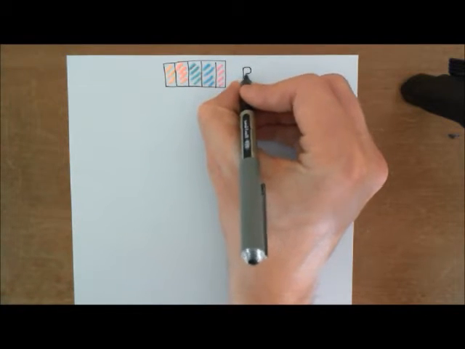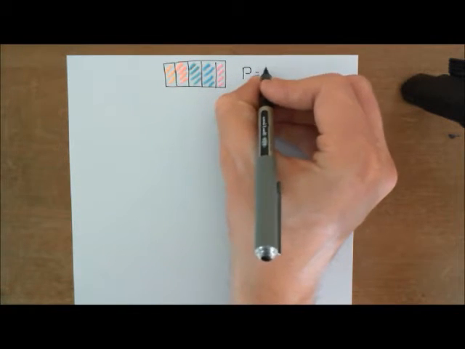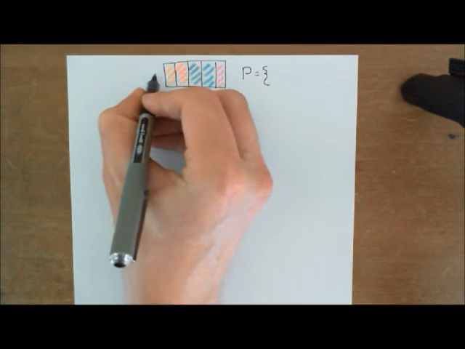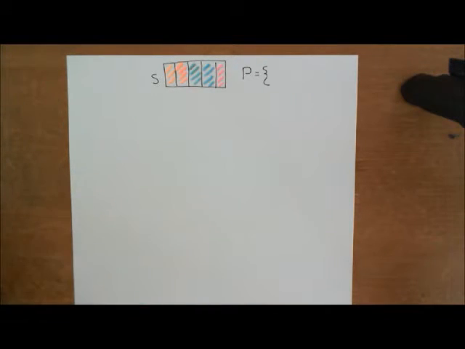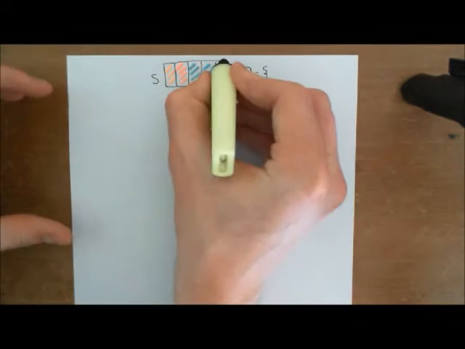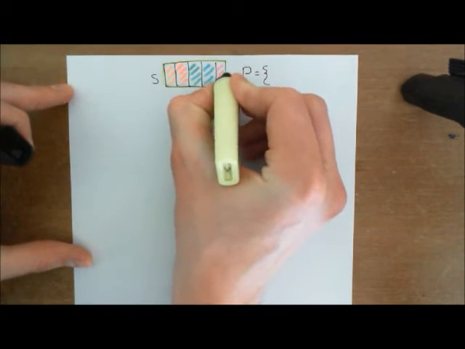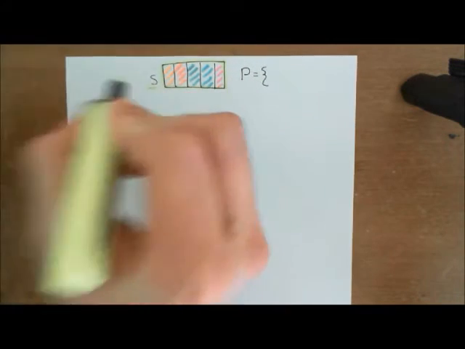Okay, so we can call it P, and this set is going to consist of subsets of our original set. So we'll call our original set over here S. So S is the entire thing here. I'll outline it in yellow. So the entire set here, consisting of these 5 subsets, is the set S.